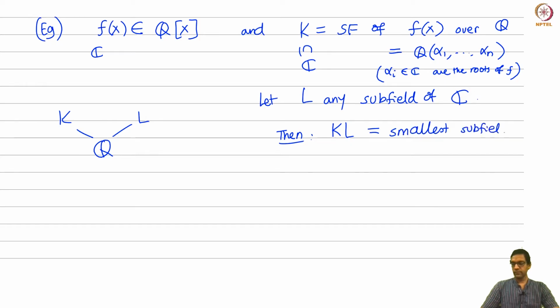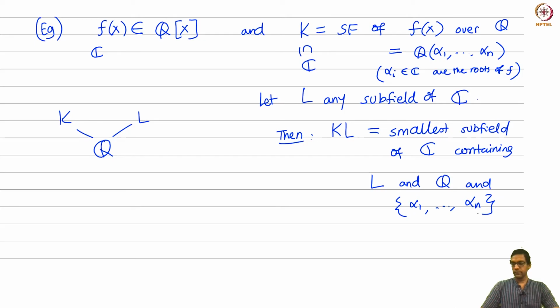So observe, just by definition, this is the smallest subfield of C containing L as well as K, but K is nothing but Q and the n roots. So if you take the smallest subfield which contains all these three sets, L, Q and the set of roots, then that's exactly KL, by definition.